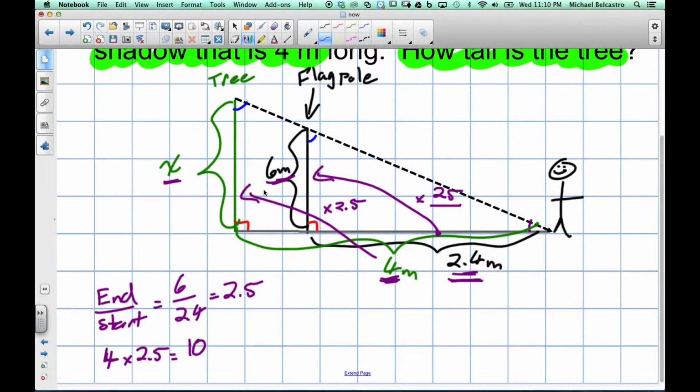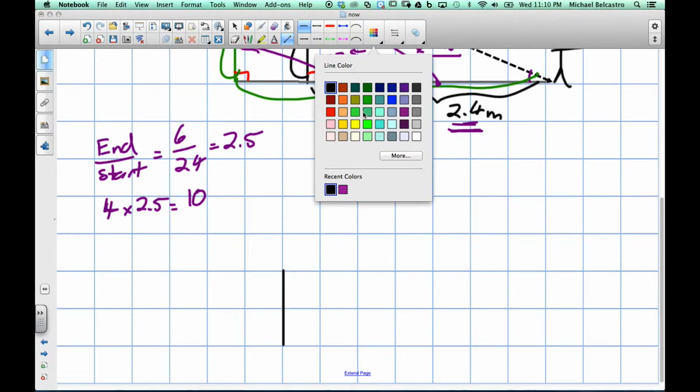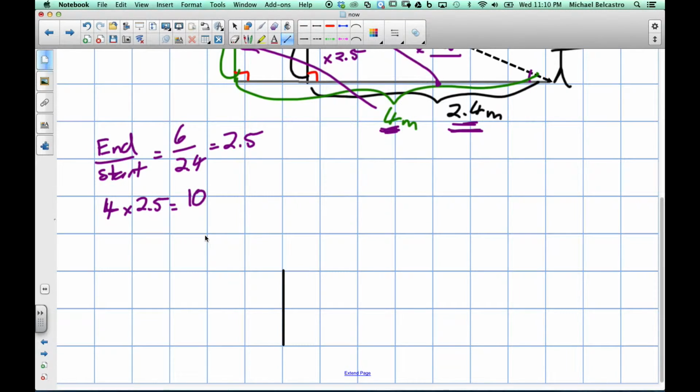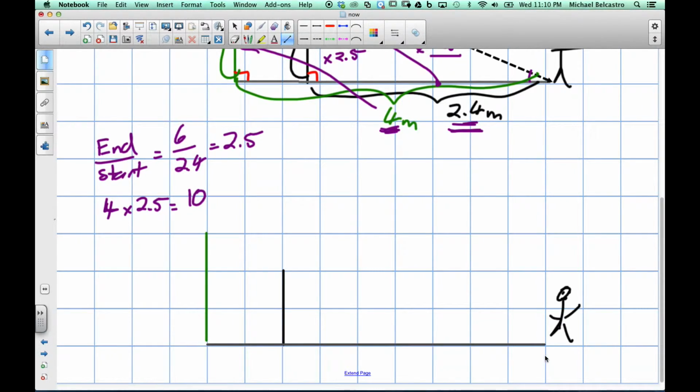Now with that same diagram, I know it's hard to see, so I'm going to redraw it very quickly. Here's our flagpole, our tree, and here we are. I want to show you with this same relationship how we could almost use another scale with this diagram.